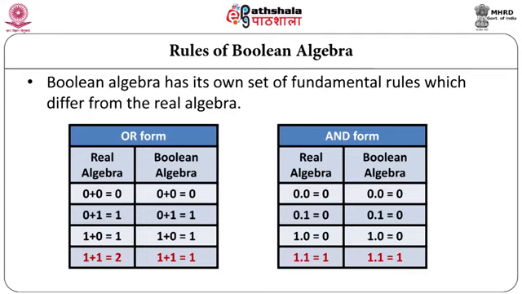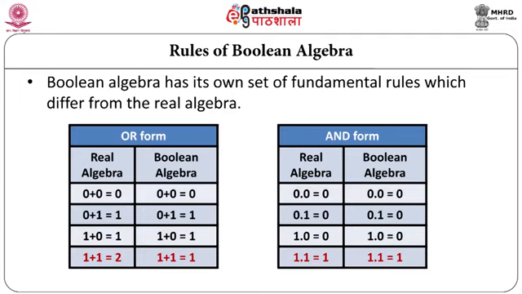1 ANDed with 1 is 1 in a product form. Note that a sum term is equal to 1 when one or more inputs are 1 in the term. A product term is equal to 1 if and only if all the inputs in the term are at logic 1.